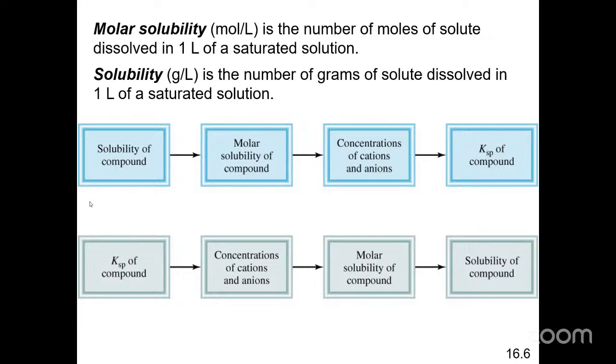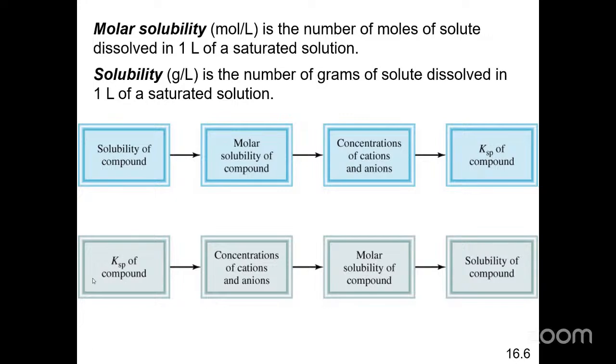So you may be given a question where you're asked to find the Ksp of the compound, and you're given the solubility, which would be the grams per liter. You'd have to convert that to moles per liter, and then based on the stoichiometry of the dissociation, you can determine the concentrations of the cations and the anions, and then you plug those values into the Ksp expression to get the Ksp of the compound.